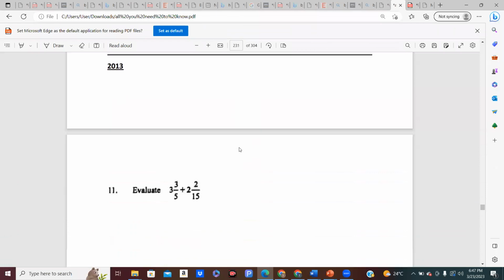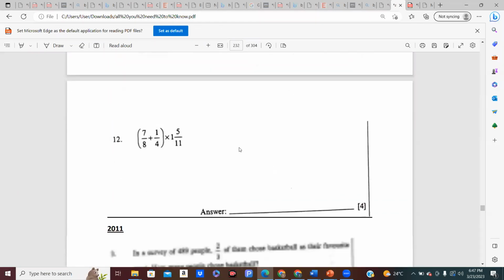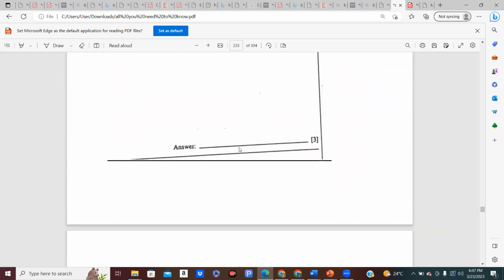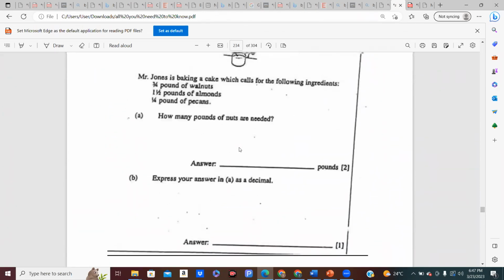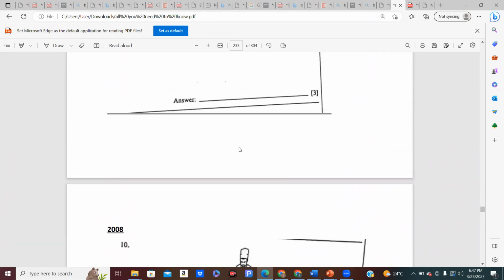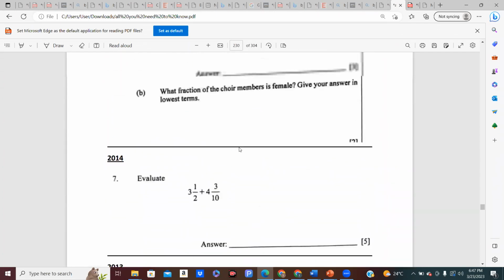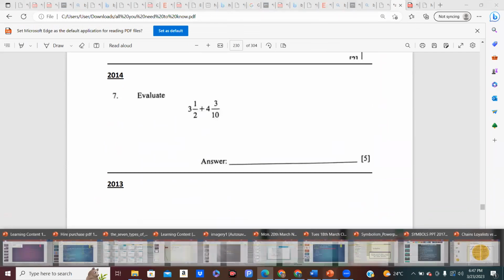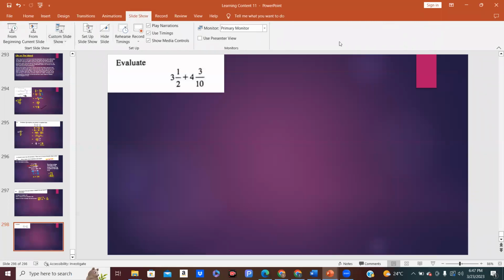We have number 7, 12, 14, then this, then that. Oh, only a few more. I think we might be able to finish it today. The last two are long, but the good thing is we are close to the end. So let's do this.